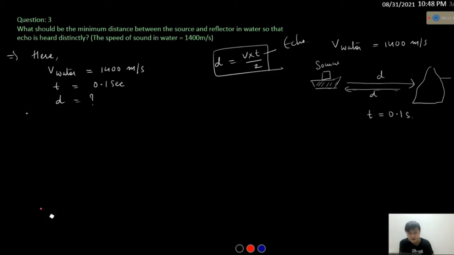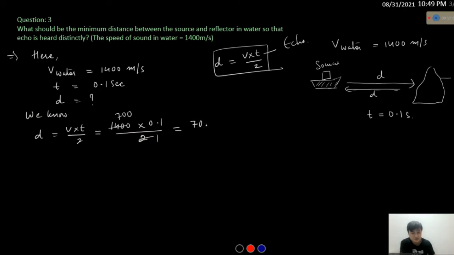So distance is equal to velocity, which is 1400, and time 0.1, divided by 2. This will be equal to 1 are 2, 7 are 14, 0, 0. This is 700 into 1 will be 70.0, which can be written as 70 meter.